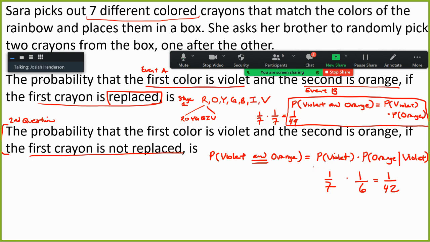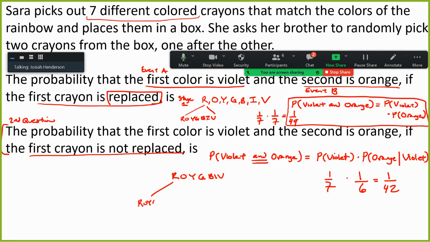Now, if we map this out, we're going to show the first stage. Roy G. Biv. Okay, there's our stage 1. And underneath needs to be all the 6 leftover options after we took out the violet. I'm not going to show the whole thing because it's too much to put on our paper and screens. But this would be everything but the violet for the second stage.